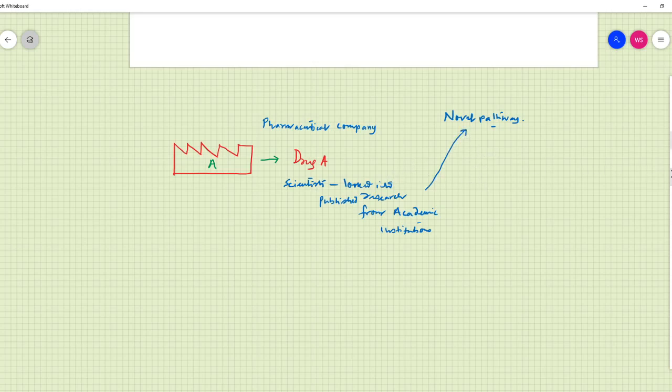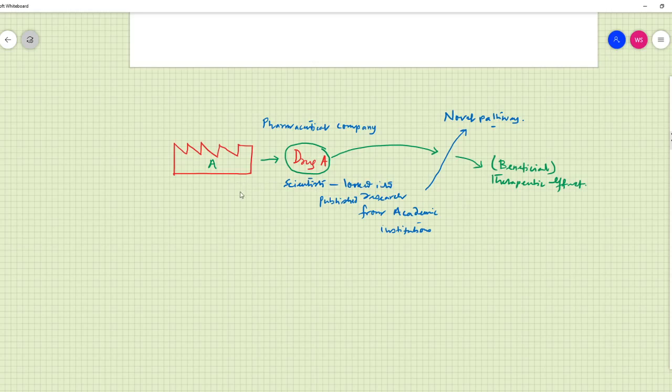And they set out to produce a drug A targeted at this novel pathway that gives a therapeutic effect. Okay, it's beneficial. When we say therapeutic effect, we mean it is beneficial.